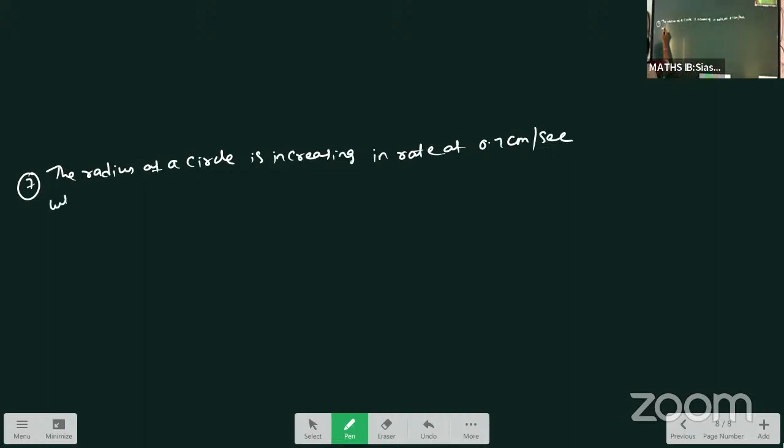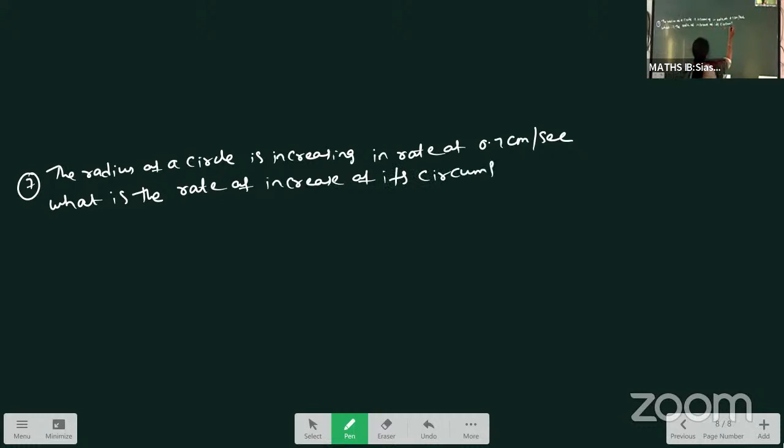What is the rate of increase of its circumference?